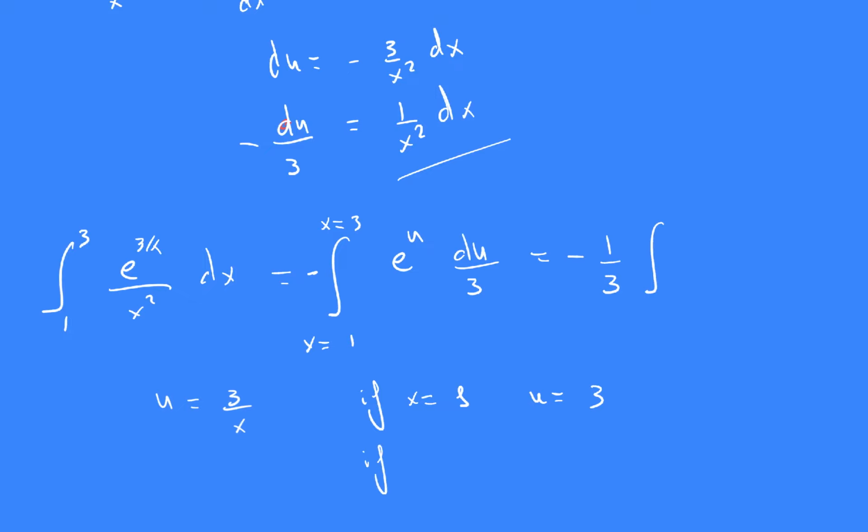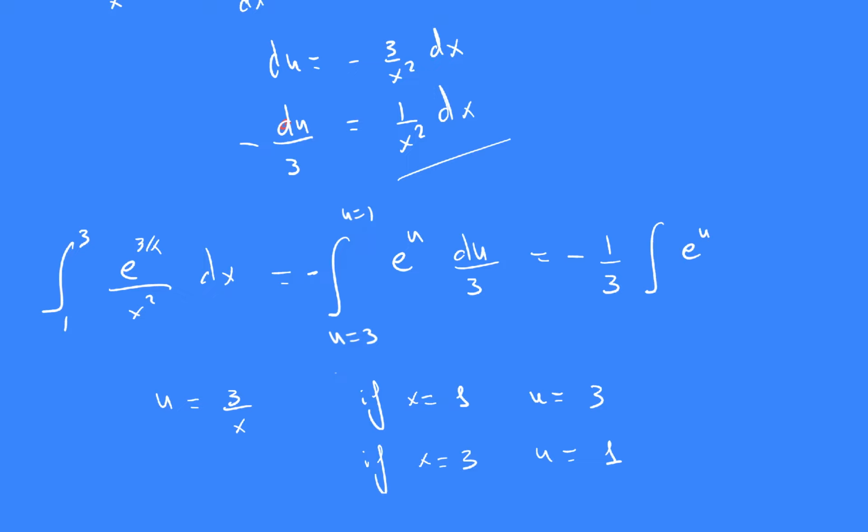If x equals 3, u is equal to 1. So now the integral is not from x equal 1 to x equal 3. I have to correct this. The integral is from u equal 3 to u equal 1. And now I can do it.